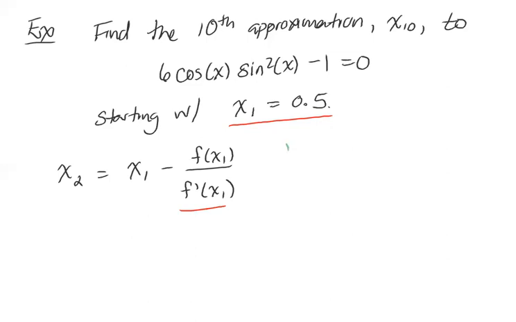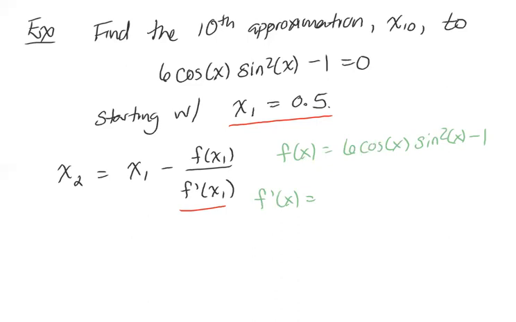I know what f is. F of x is equal to 6 times the cosine of x times sine squared of x minus 1, function f. Therefore, f prime is equal to, let's see, I'm using product rule to find the derivative here.